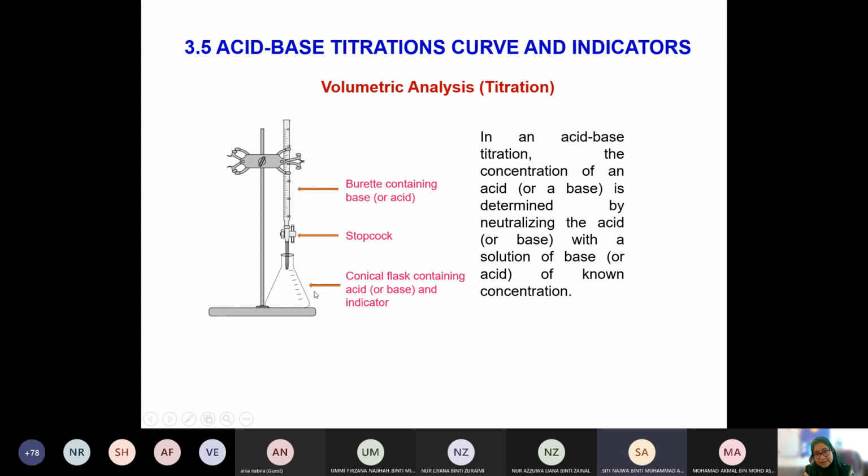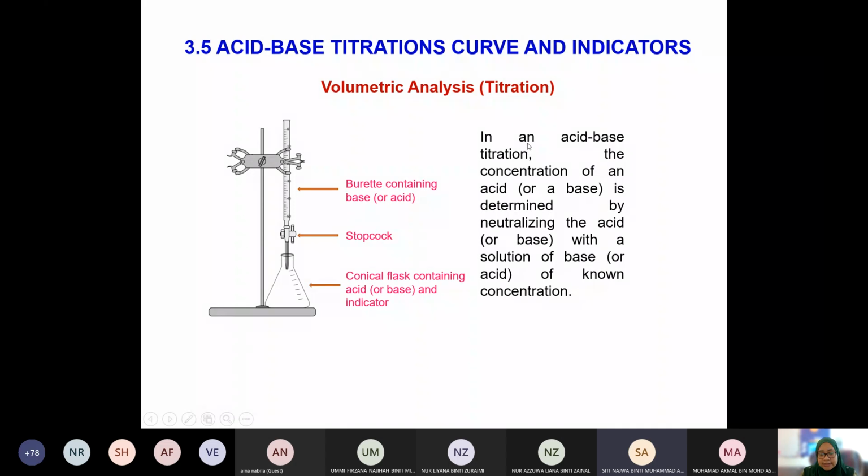And then later, for calculation, you will need to calculate the molarity. So at first you will have the volume, then from the volume you can convert into molarity later on, by using acid-base stoichiometry. So you can find its molarity.